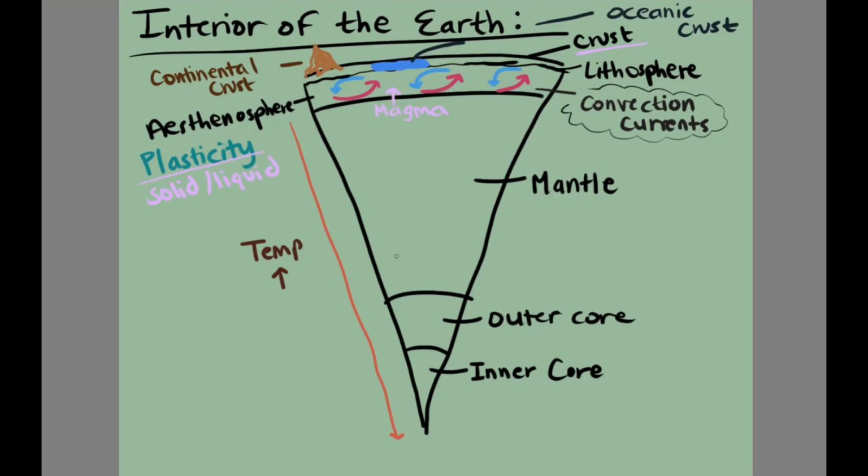Below that, we said that this is a solid mantle. Now, even though it's solid, it still has some characteristics to it. For example, it contains a lot of different metals. And this goes not only for our mantle, but it also goes for our outer core and our inner core. So these metals can be things like iron and nickel.